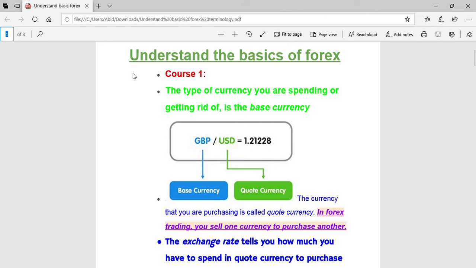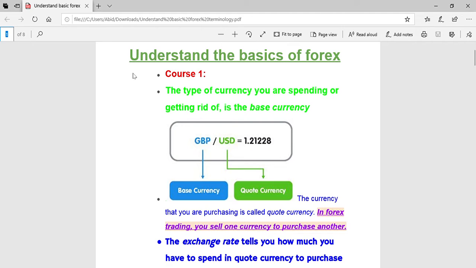But before that, if you want to make a living on forex, you have to learn everything, so that when you trade, you generate profit, and that could generate good money for your living each month.